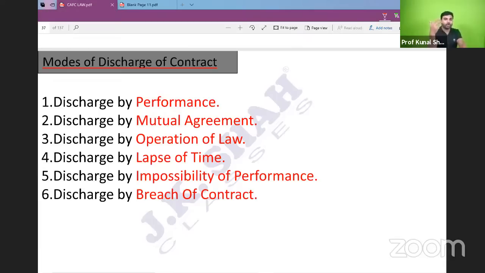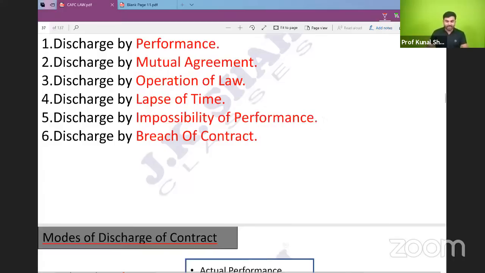A contract can also get discharged by operation of law, by lapse of time, and by impossibility of performance. And the last way is a contract getting discharged by breach of contract. So friends, there are 6 ways by which a contract can be discharged. Let us discuss them.